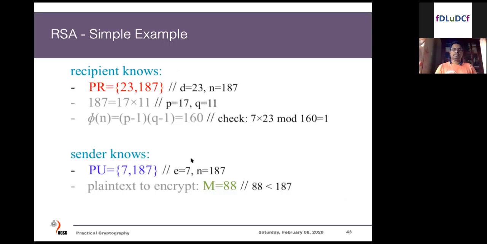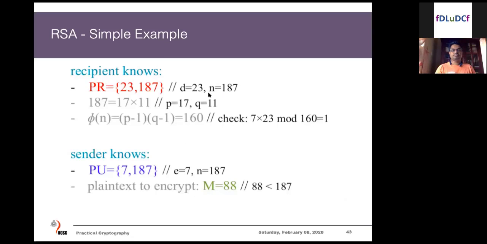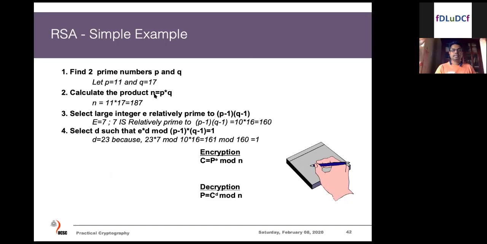So for example here, let's say the recipient knows this D private key 23 and 187, right? Now a different example, let's say this example. My private key is 23 together with N, which is 187.